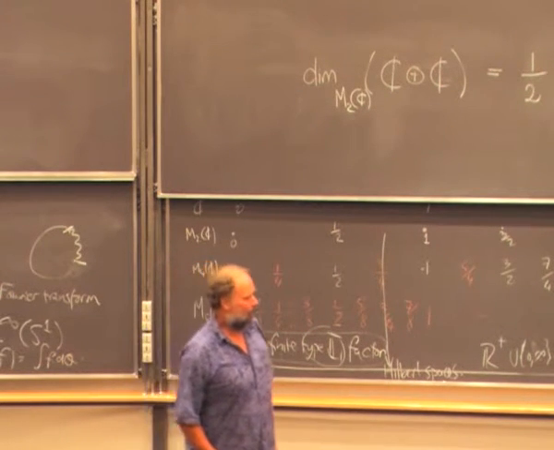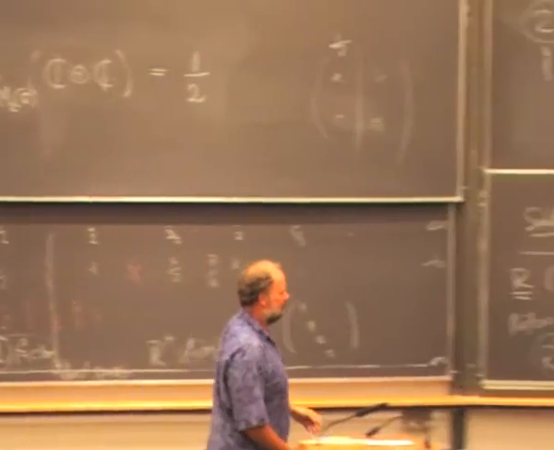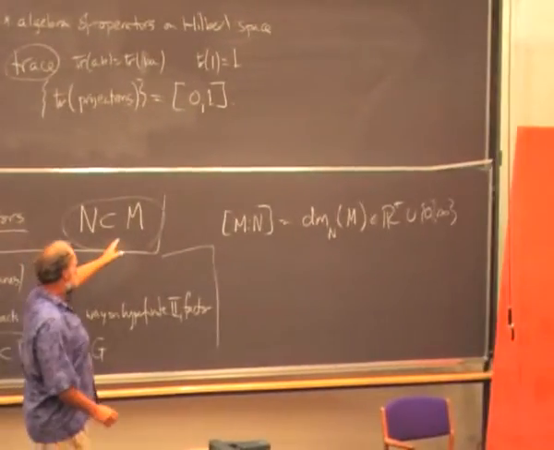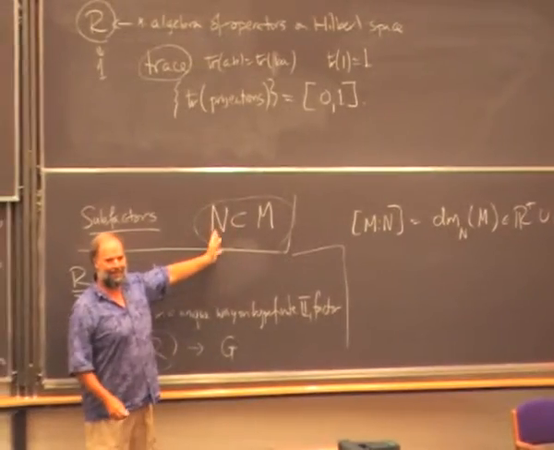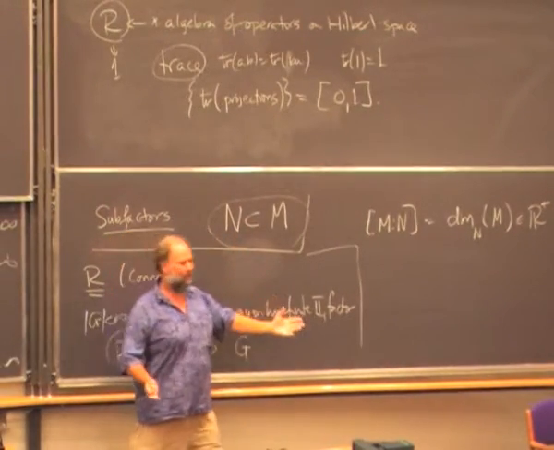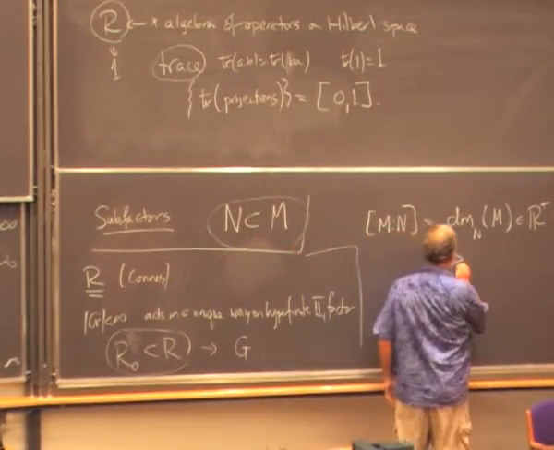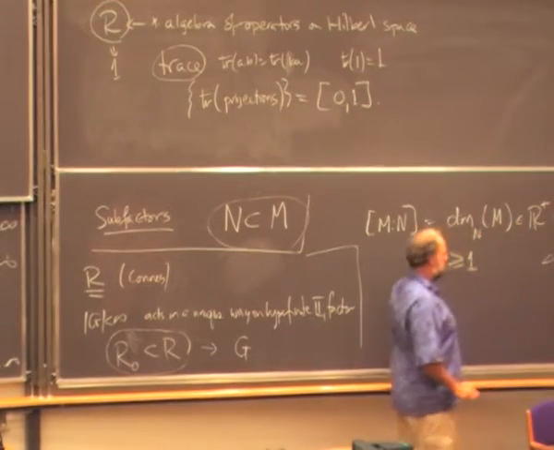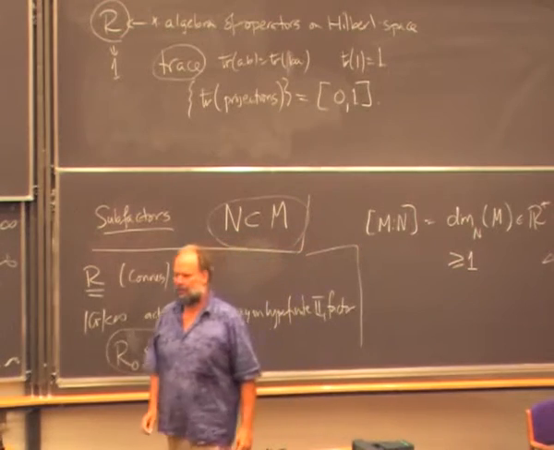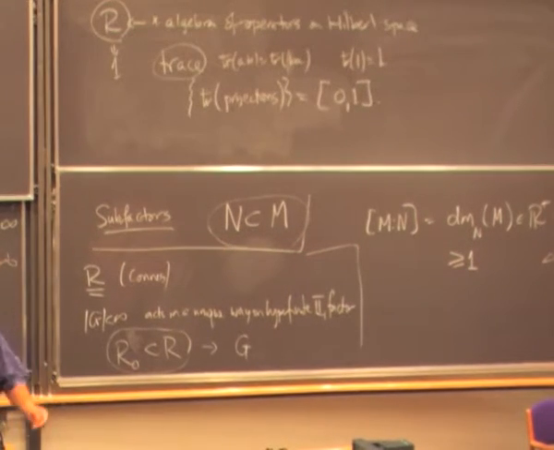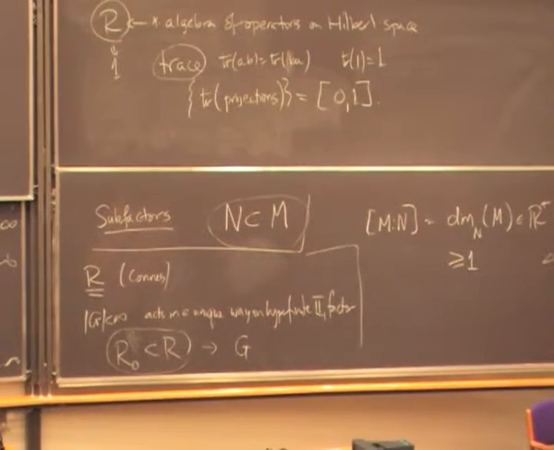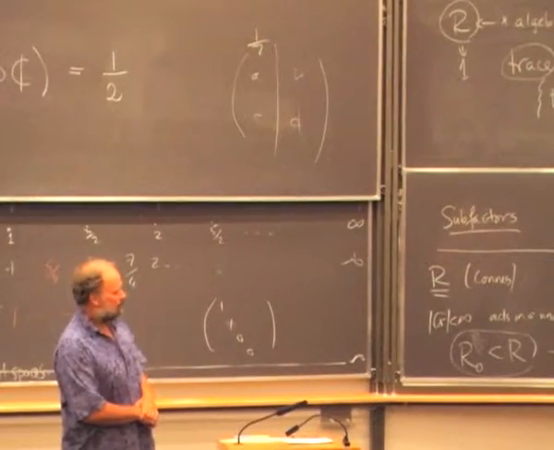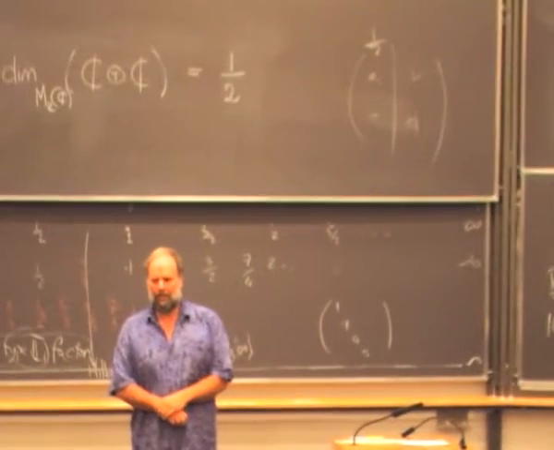Okay, so there are some numbers that are immediately ruled out, right? M is bigger than N, so the number has to be at least 1. So it's greater than or equal to 1. It could certainly be infinity. There are easy examples to make it infinity. So then the question becomes, well, what else is it?